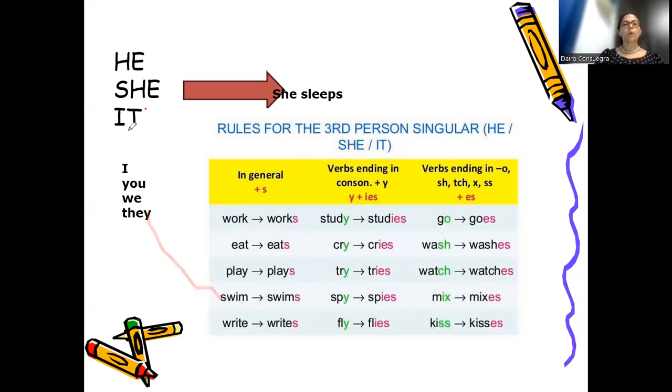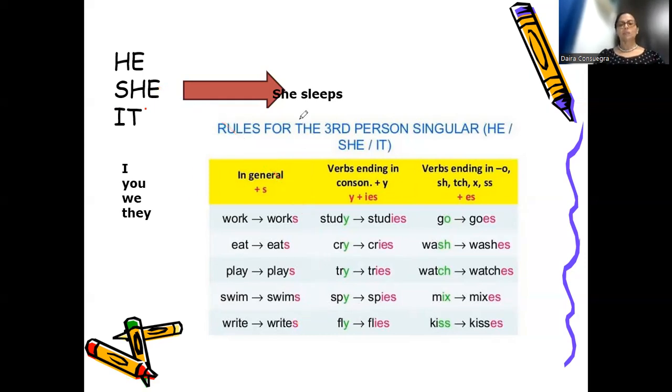Okay? But when I'm talking about he, she, and it, I have to go to this rule. He works, he eats, she plays, she swims, she rides, and so on.